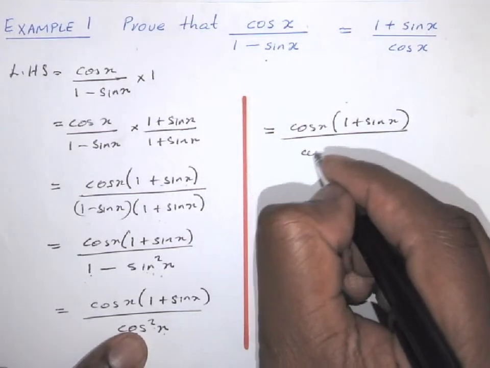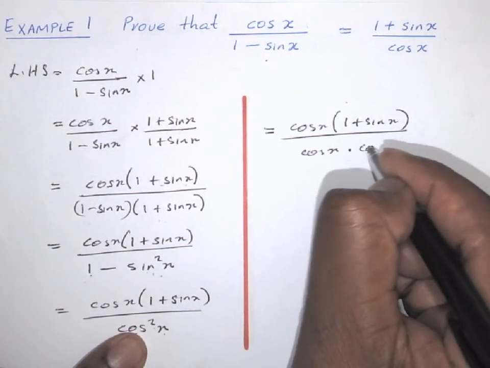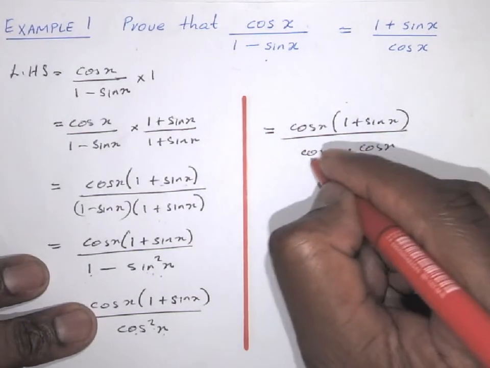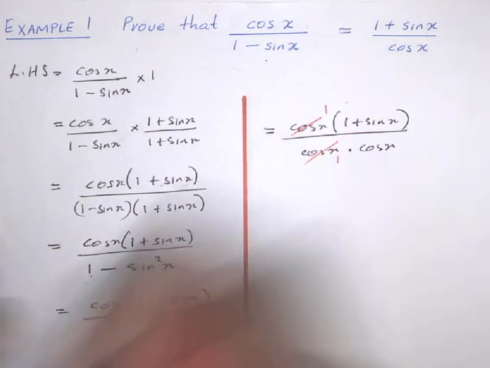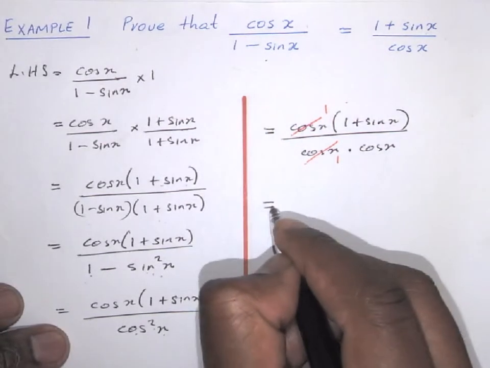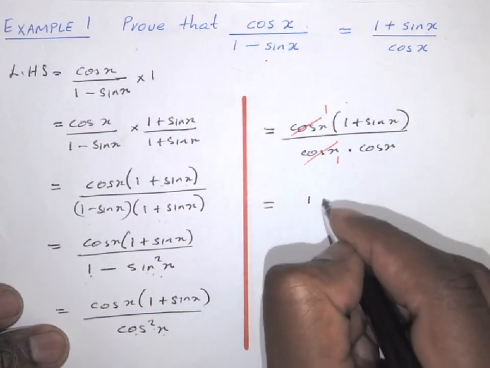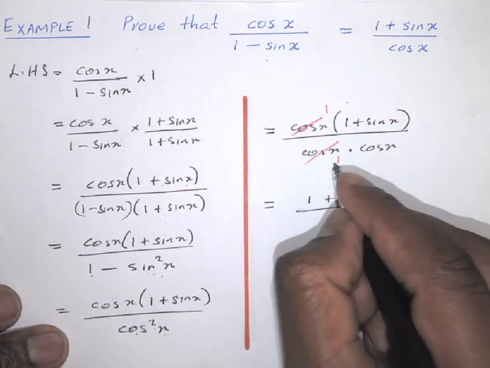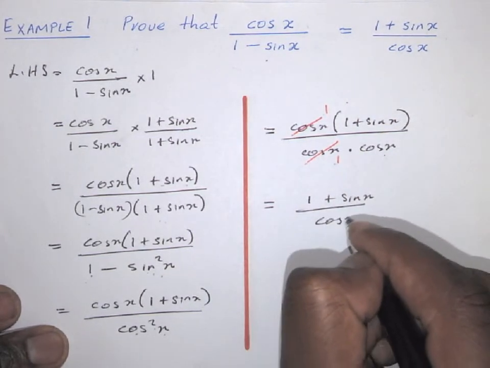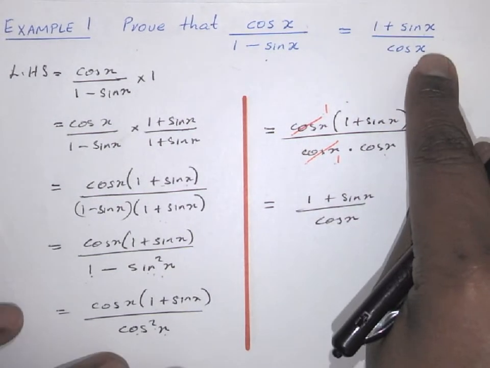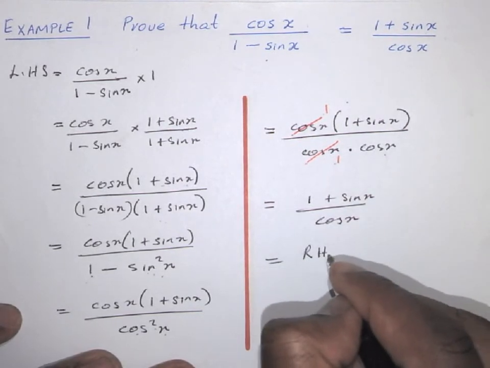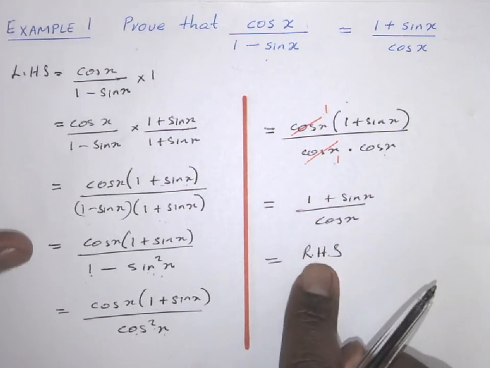It means cos x times another cos x. You see now that this cos x goes once there and cancels that one. So my final answer is 1 times 1 plus sin x, over 1 times cos x, which is 1 plus sin x over cos x, which is the same as what I was proving. So I can say this answer is the same as the right-hand side. The left-hand side equals the right-hand side.